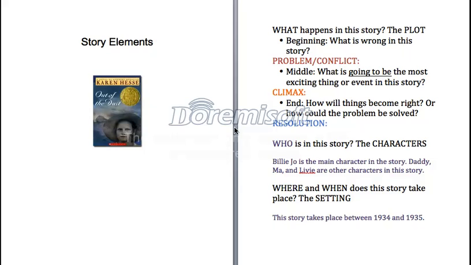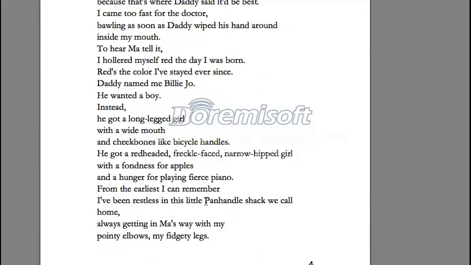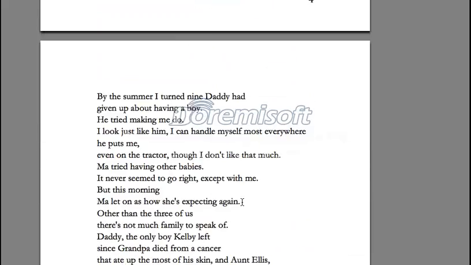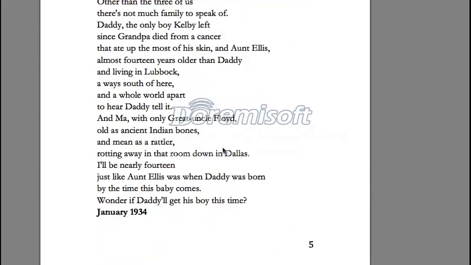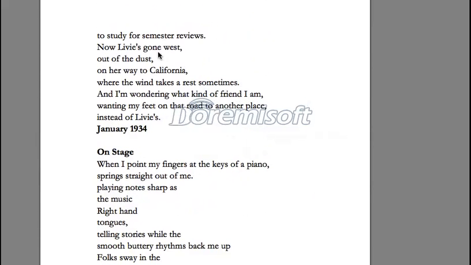Thinking about the where, we know that the Dust Bowl takes place in the southwestern United States. And also, from reading the poems, returning to them, we know that Billy Joe and her family live in this panhandle state, which we know is Oklahoma, from what we talked about in class. And then also, she lives near places like Dallas, and also sort of near to places like California.